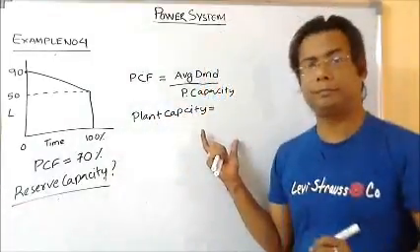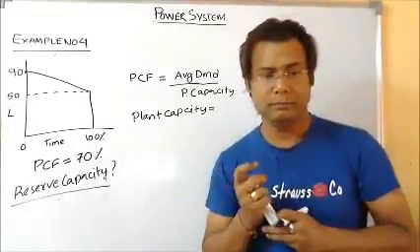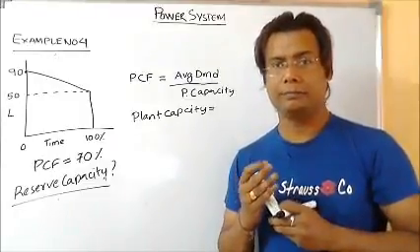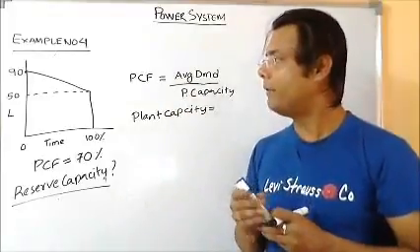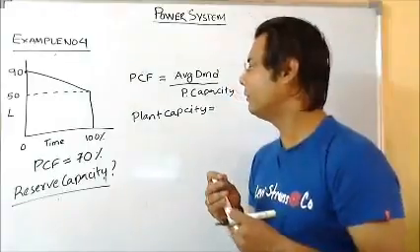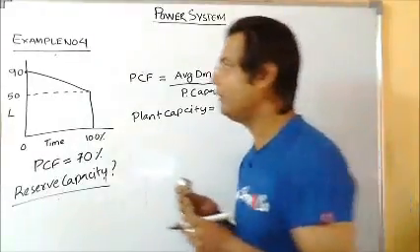equals to the average demand, which is right now 50. What is the average demand right now? Is that 50? Some people take it as 50, but the average demand, if we see, is not 50.